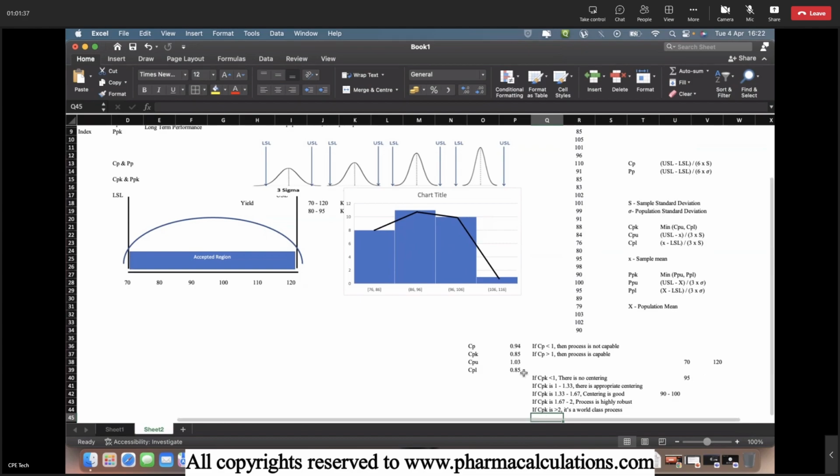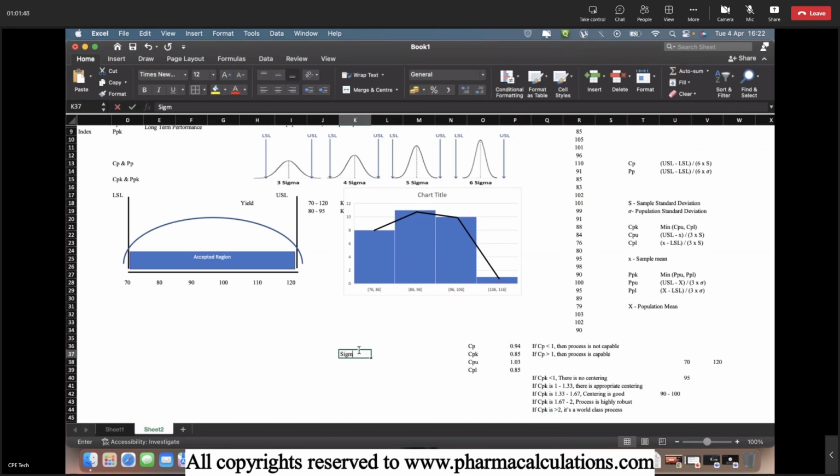Okay, and now let's try to correlate the Cpk and the sigma levels. Sigma level equals 3 times the Cpk.